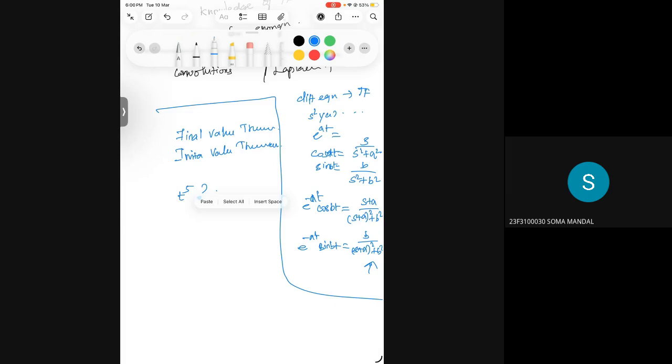Rest of the people, which of the answers do you think is correct? Okay. Rest. Abhay Pal, Divyanshu, Soma, Yash Kumar, Priya. Please answer quickly.